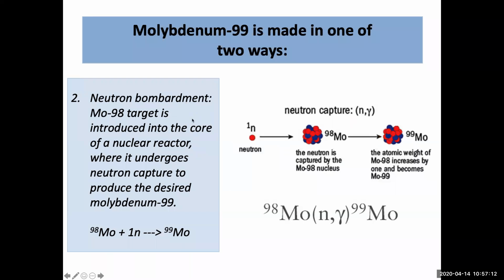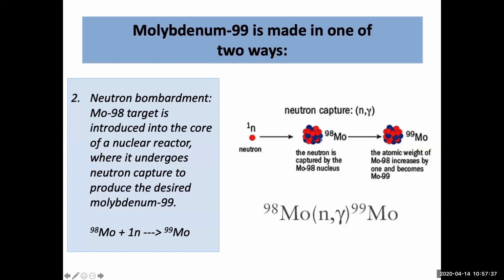The second method is called neutron bombardment, or neutron capture. The molybdenum-98 target is introduced into the core of the nuclear reactor, where it undergoes neutron capture to produce the desired molybdenum-99.